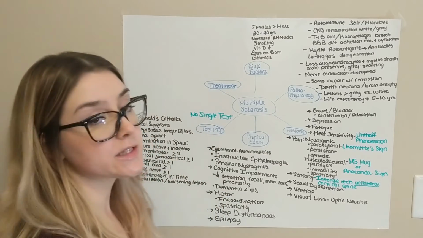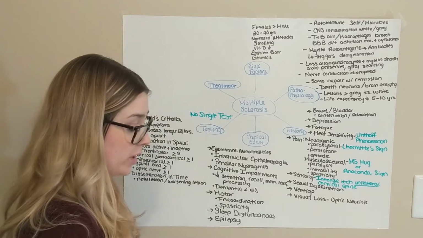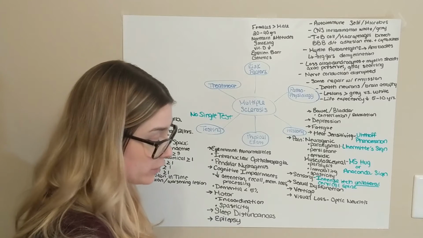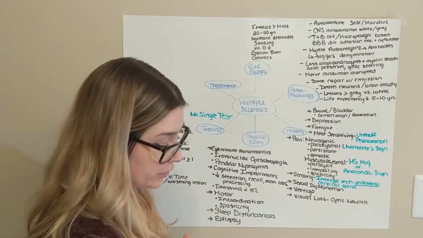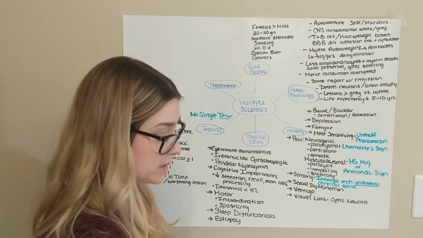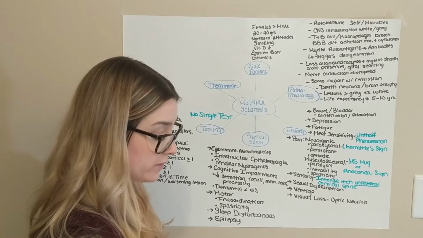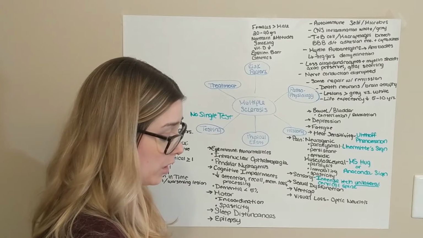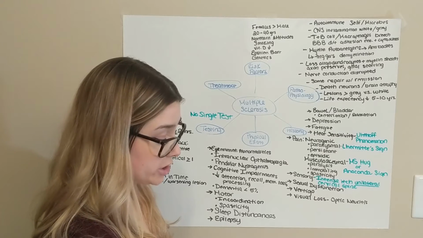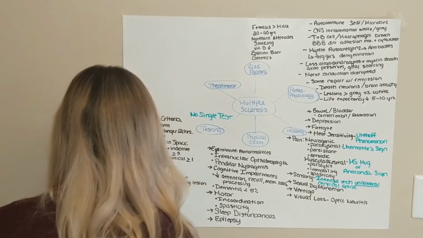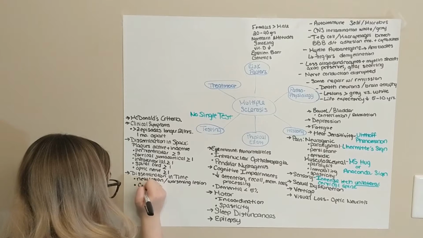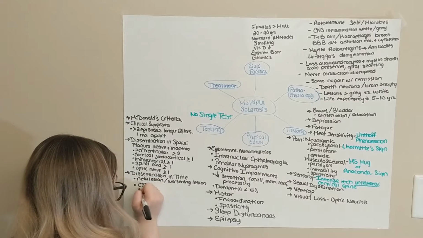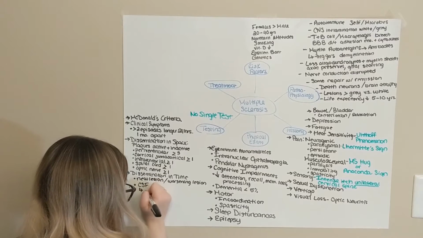And then there's some ancillary testing that we can do. We can do a cerebrospinal fluid analysis, and it would be positive for MS if we saw oligoclonal bands of IgG elevated, or also elevated IgG index. So we can put that here, CSF with.